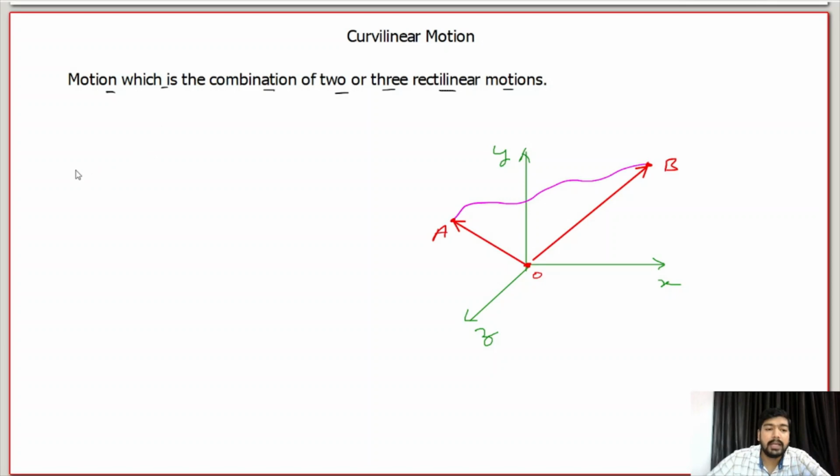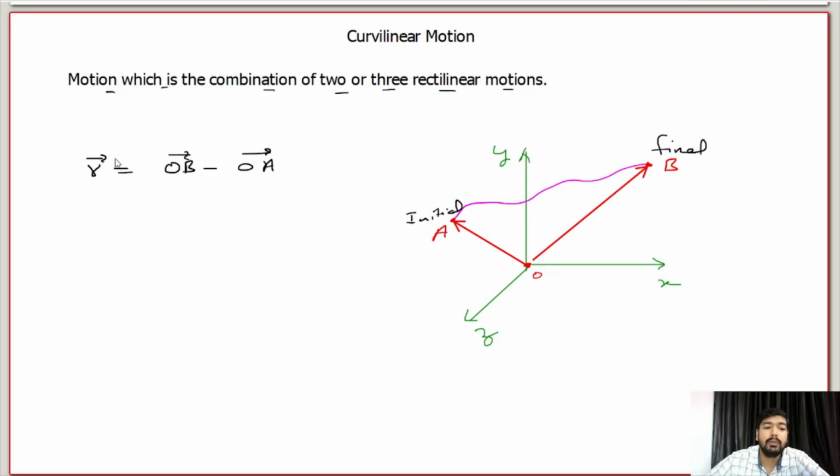Okay, so let's proceed. Here the displacement vector r is simply OB vector minus OA vector. This is my initial position and this is my final position.